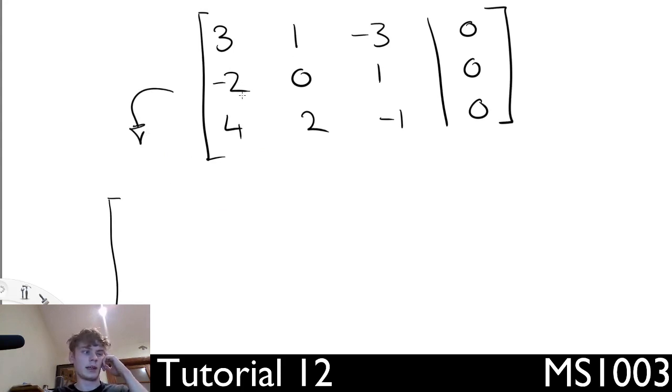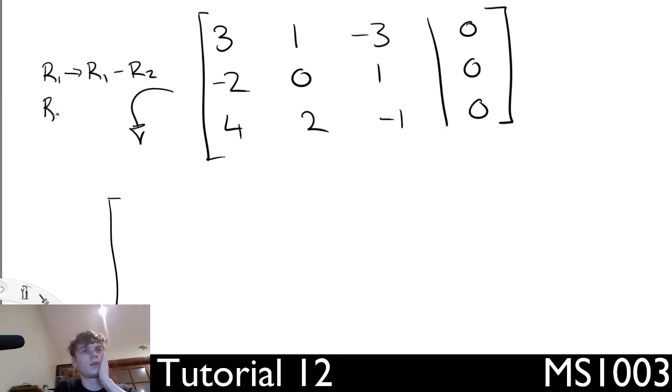Well, I can see that I can eliminate the 4 here by using the second row, and I can make this 3 into a 1 and maybe simplify things by adding the second row to it. So I'm going to take row 1 and replace it with row 1 minus row 2.